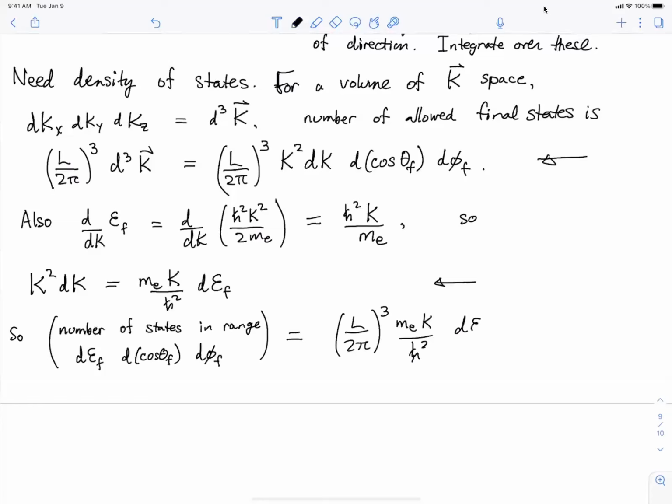And then we have our differentials, because the number of states in the range should be proportional to how big the range is for each one of these variables.